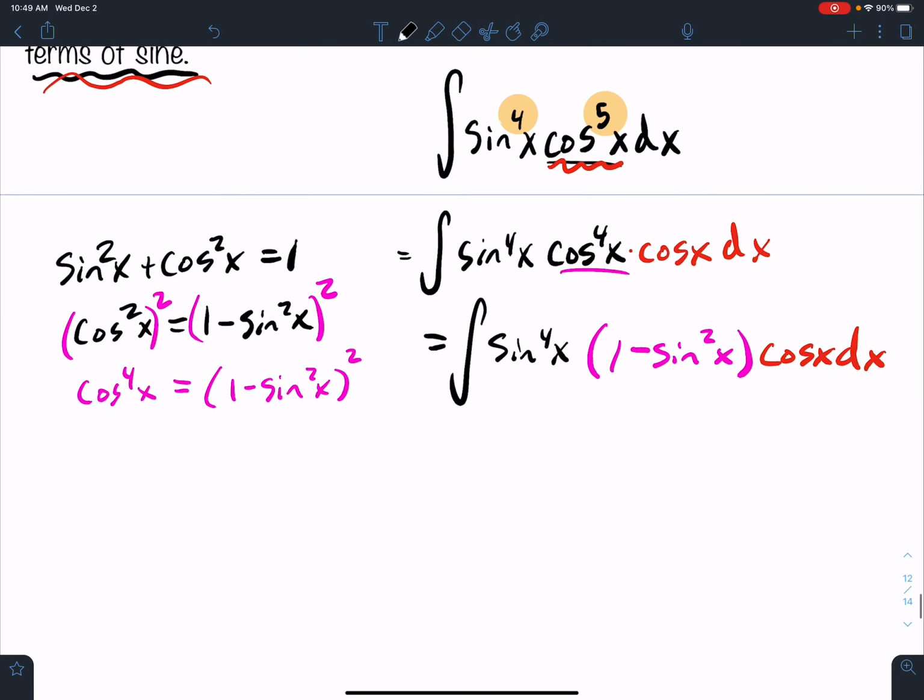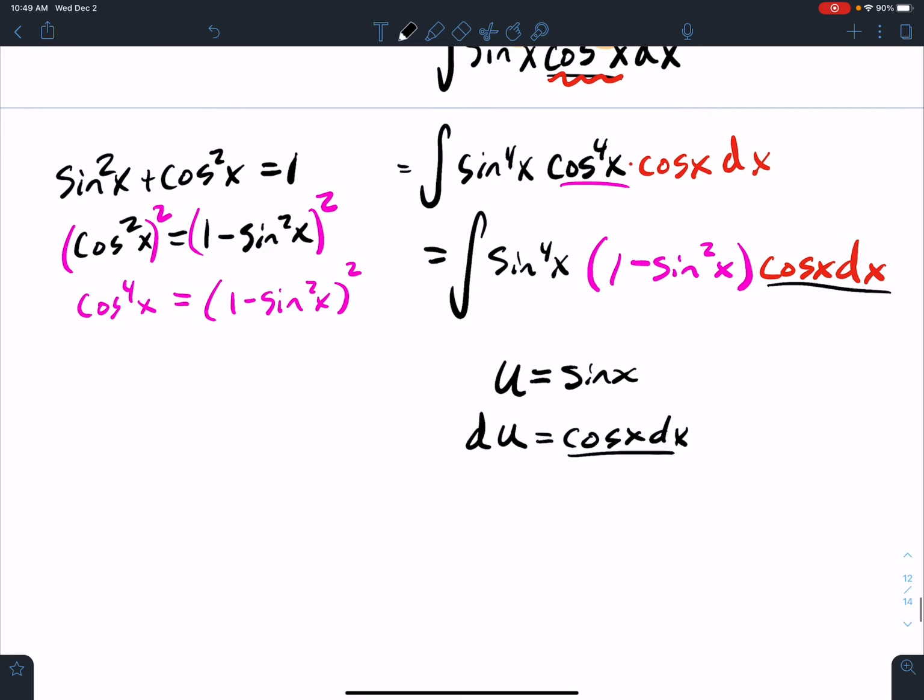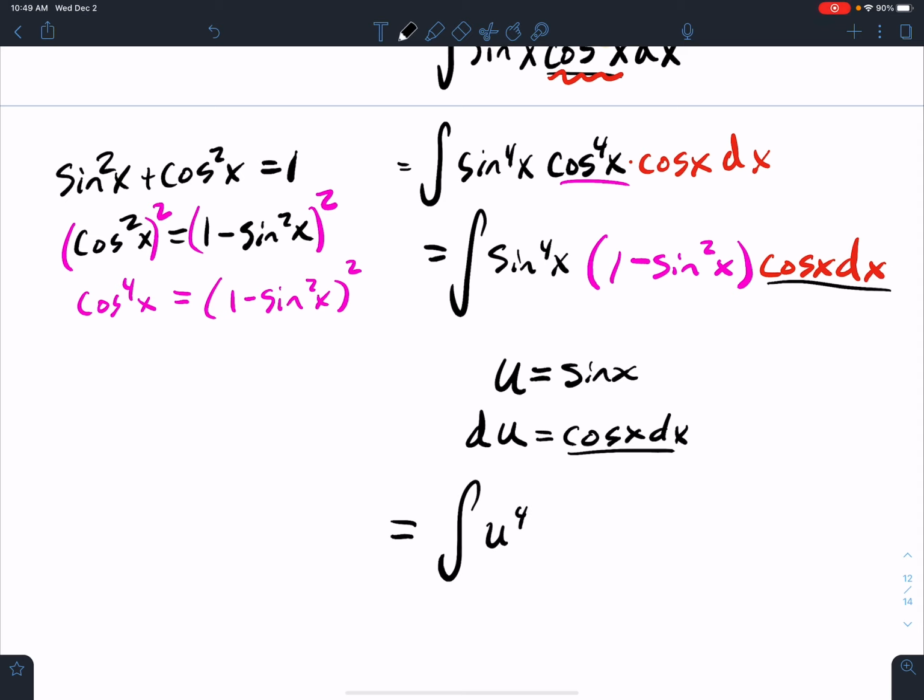Well, I'm going to say u equals sine x. Okay, that's going to get me this thing in terms of u instead of x. And then I take the differential, du is cosine x dx, which happens to be very nice because that substitutes quite nicely there. So this becomes u to the fourth times 1 minus u squared, and then this whole thing here is squared. Sorry, I forgot that 2 there. And then this last piece right here, cosine x dx, is just my du. That's right there. Okay?